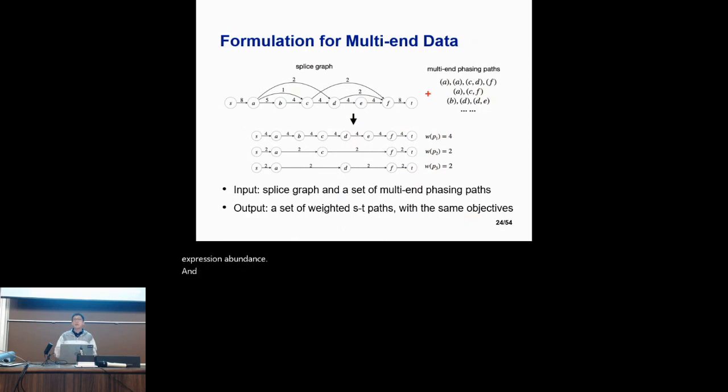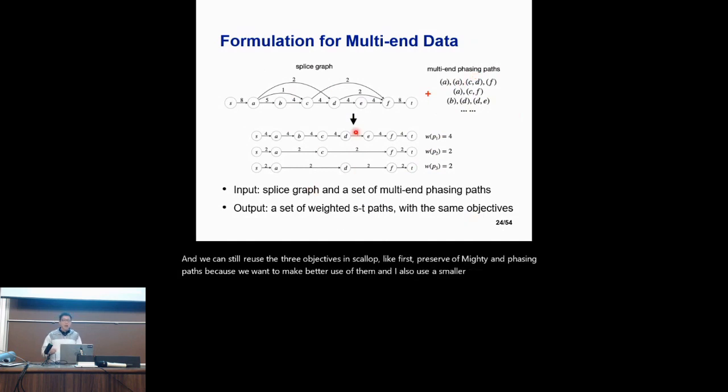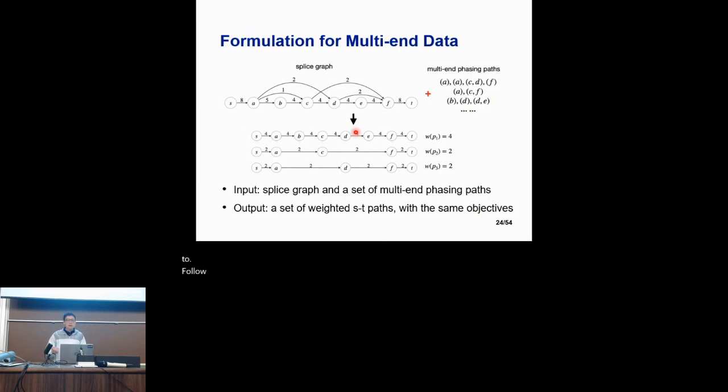And we can still reuse the three objectives in Scallop. First, preserve the multi-end phasing paths because we want to make better use of them, and also use a smaller number of s-t paths to follow the parsimony principle. And also we want those paths to collectively explain the splice graph very well.